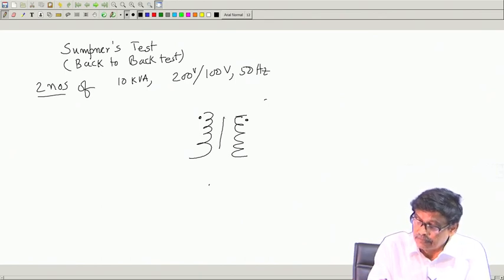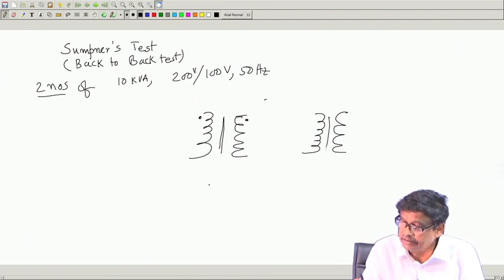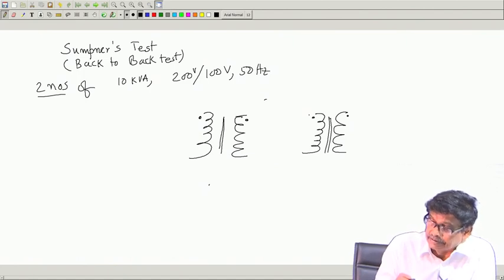This is one practical transformer, and you take the other transformer, which I have drawn here, its core, and here also suppose these two are dots. Now, the connection, suppose these are the HV side.